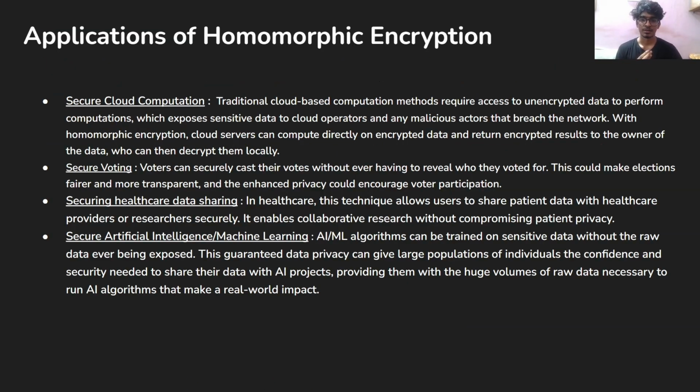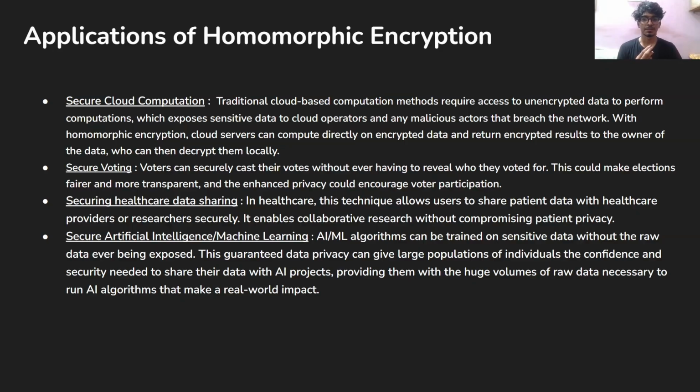Now let's look into the applications of homomorphic encryption, in which we would get to know the various fields in which homomorphic encryption is getting used. The first field is secure cloud computation.